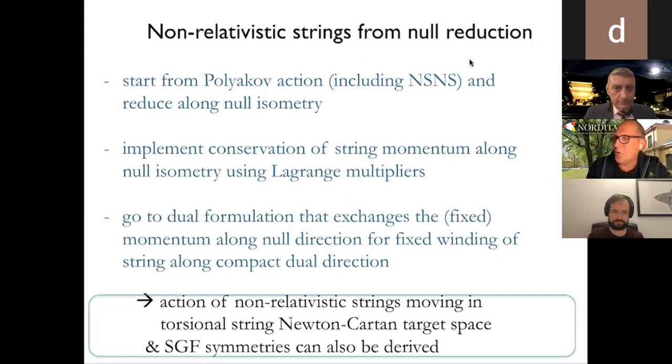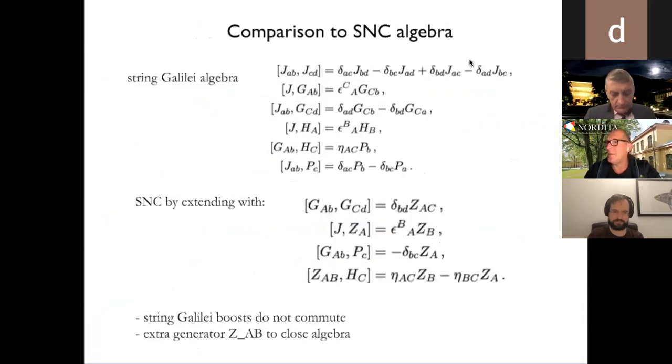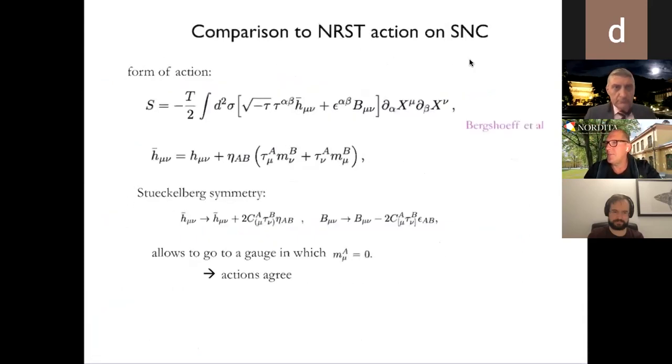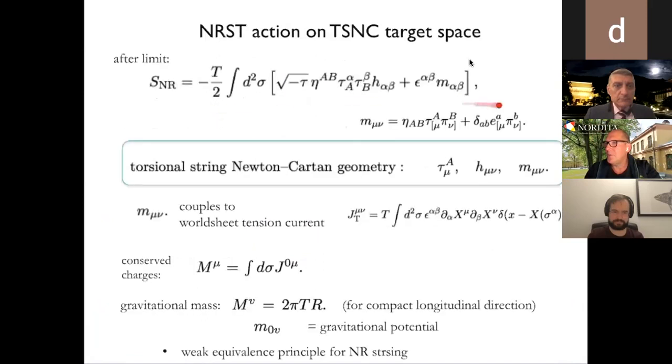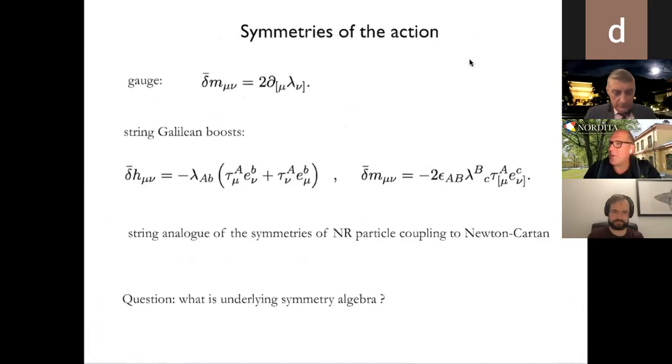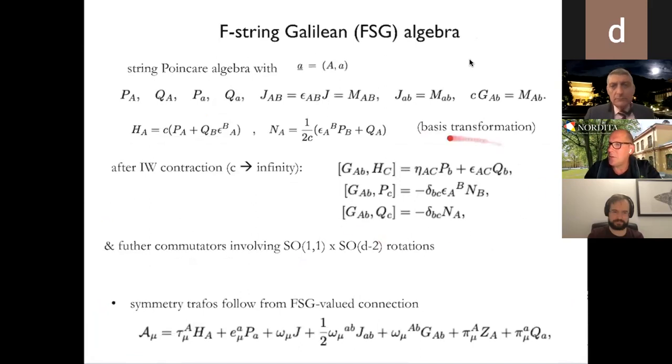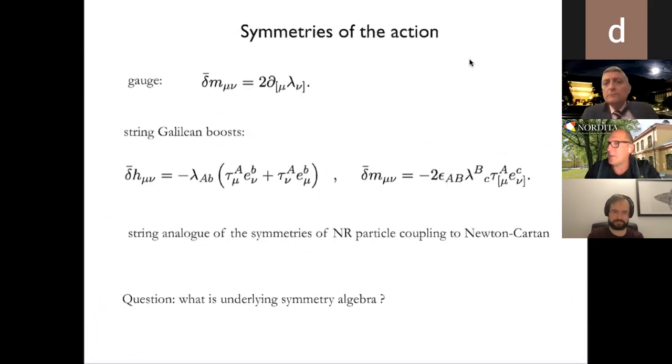You can go to a dual formulation that exchanges the fixed momentum along the null direction for a fixed winding of the string along a compact dual direction. And when the dust settles, you find the action I showed you here. You can also find in that way, with a little bit more work, these symmetries, in particular these symmetries here.